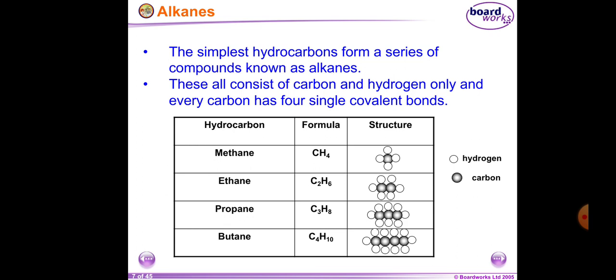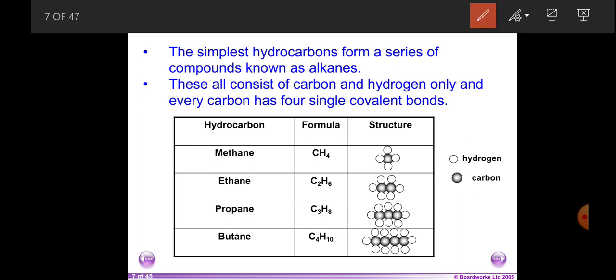Normally, they are saturated. Saturated means that the bond between carbon and carbon is single, and they only consist of carbon and hydrogen. They have their specific names, and these specific names are normally derived from the number of carbon atoms.